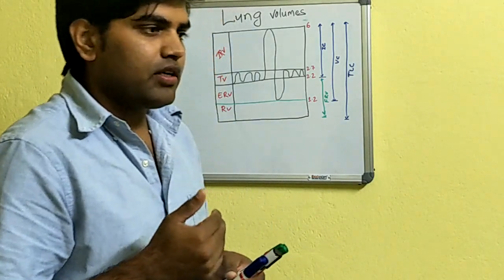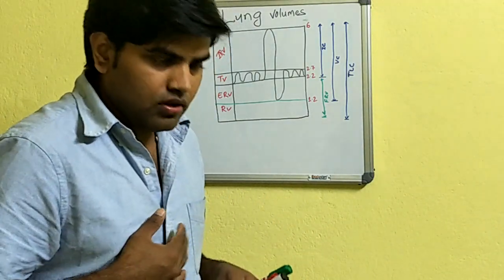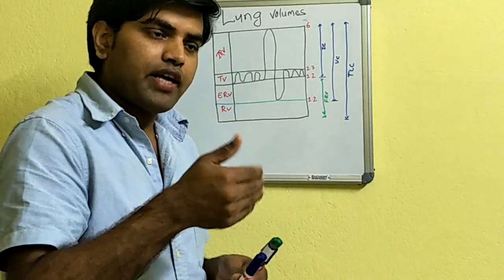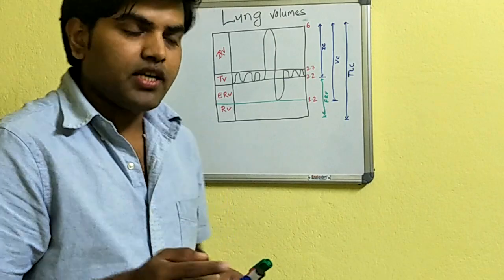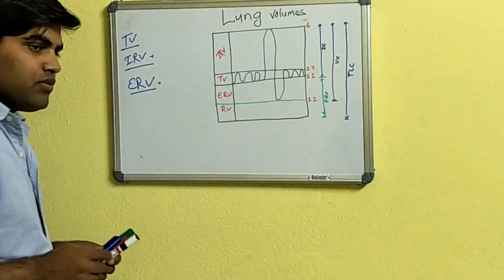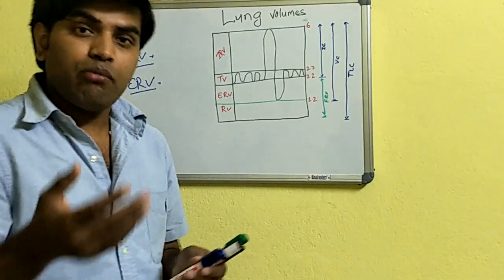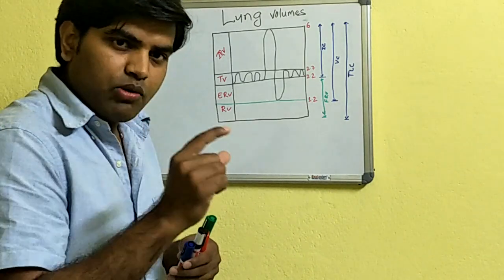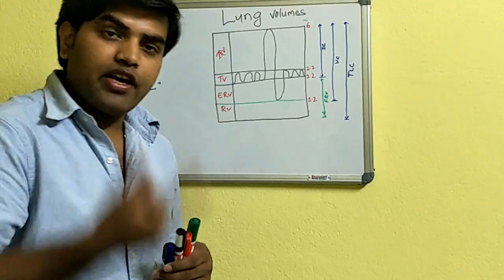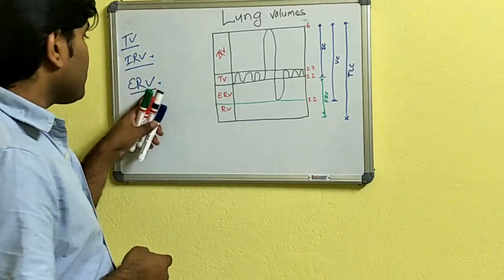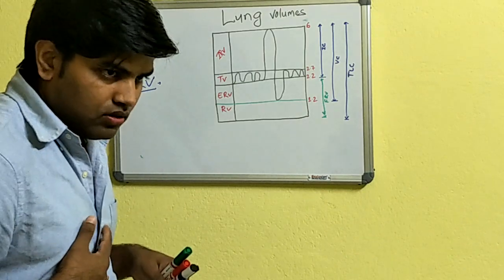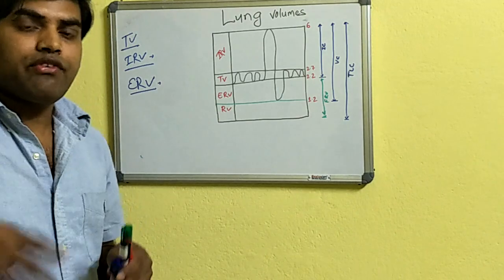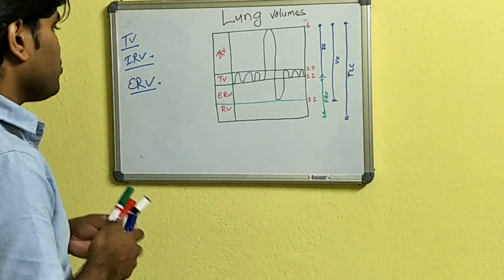After a normal tidal expiration, the more air that can be expired forcefully is the expiratory reserve volume. Now no more air can be expired out. The amount of air that remains in the lung is the residual volume.